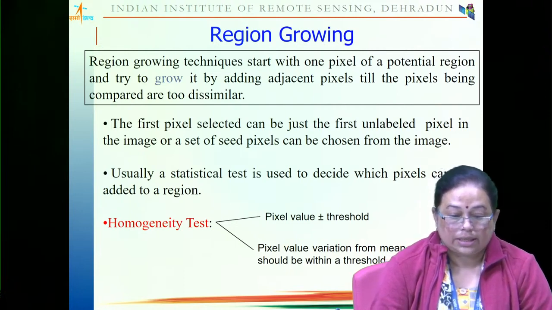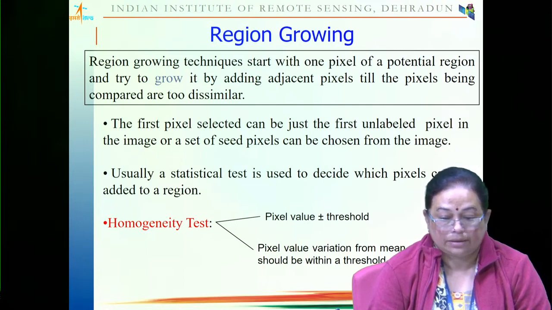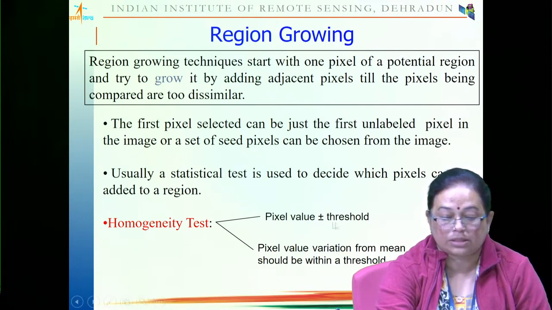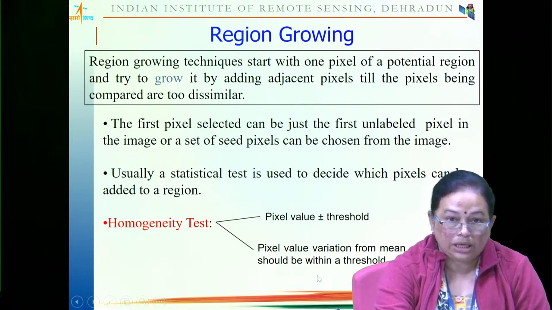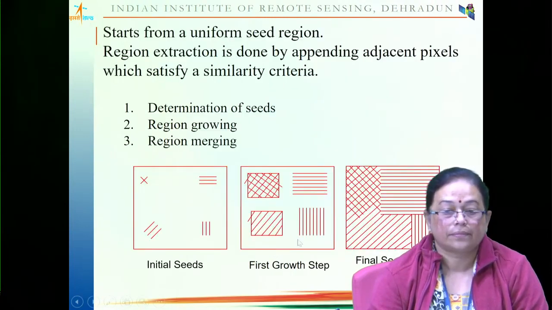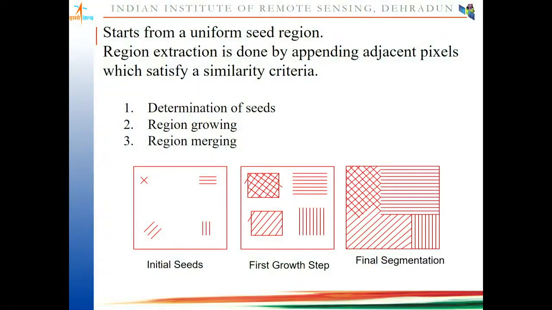So the homogeneity test that is applied is based on the pixel value plus or minus the threshold, and pixel value variations from the mean should be within a threshold. This is how the homogeneity test is applied. It starts from a homogeneous seed region, as you can see here.